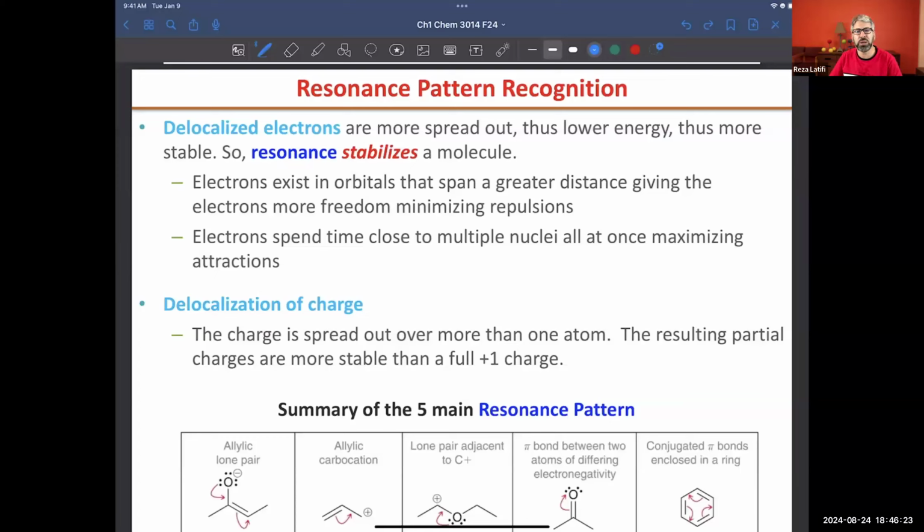How do I move it? You look to the neighbor. If your neighbor has a lone pair or a pi bond, then it can share it with that carbon, and we can spread the positive or negative charge over a couple of carbon atoms, and that's going to make the system happy.